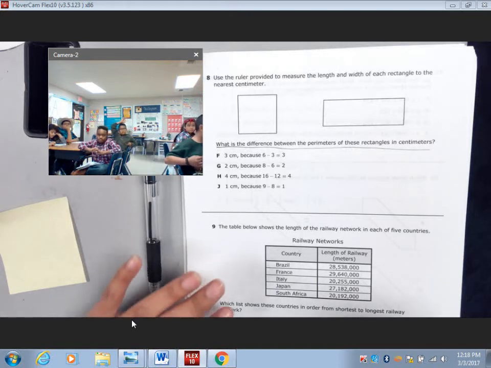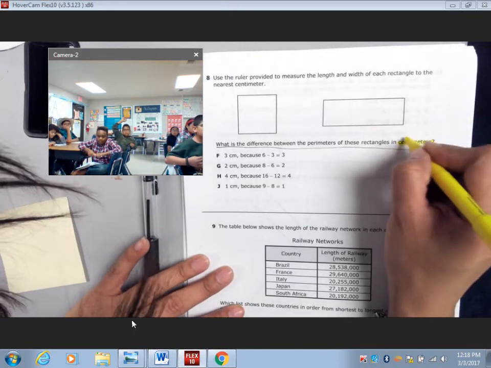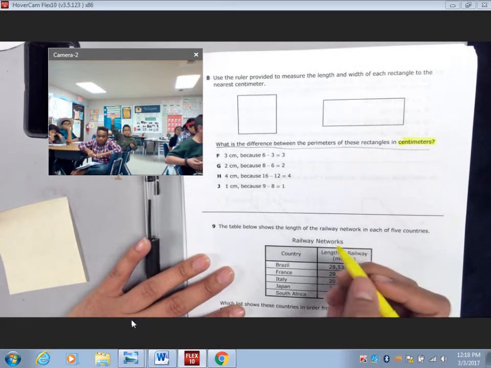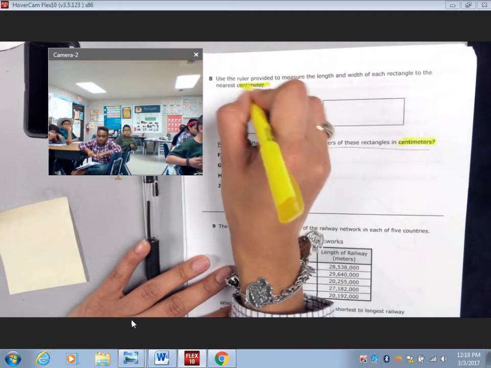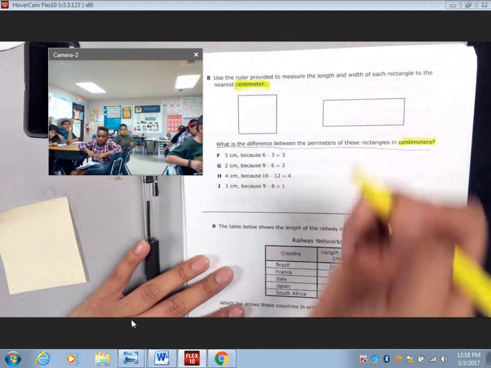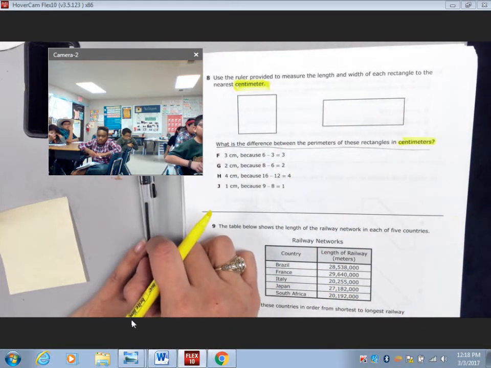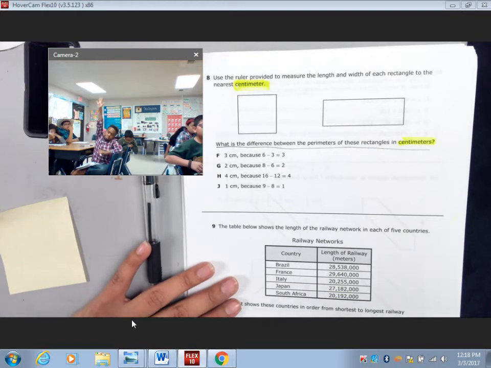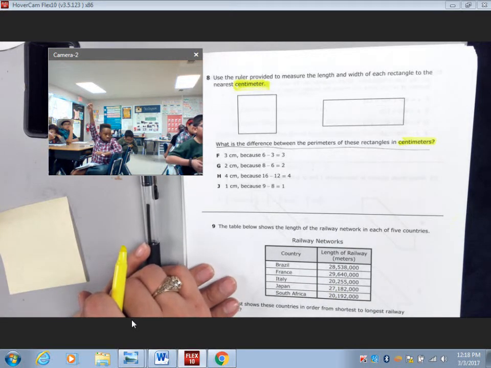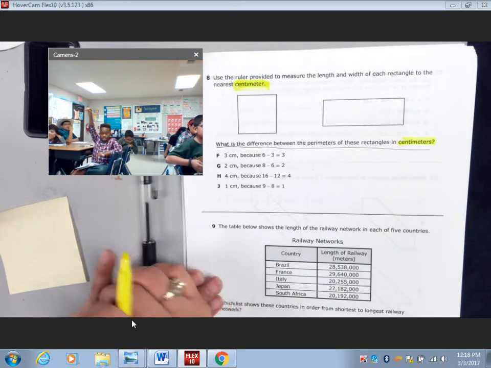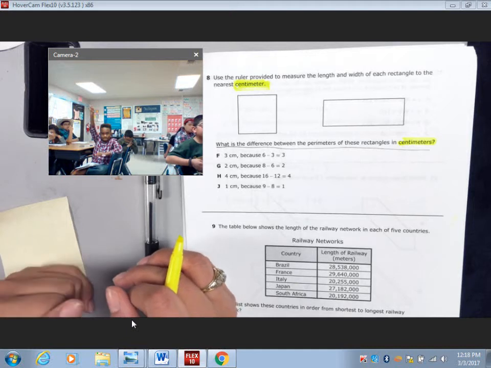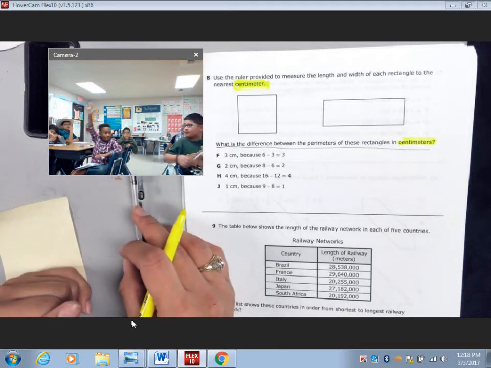Andres. Centimeters? Okay. Why is centimeters important? Because when you try to find the length and the width to the nearest centimeter. Yes, but how is that gonna help you to find your answer? You may phone a friend.